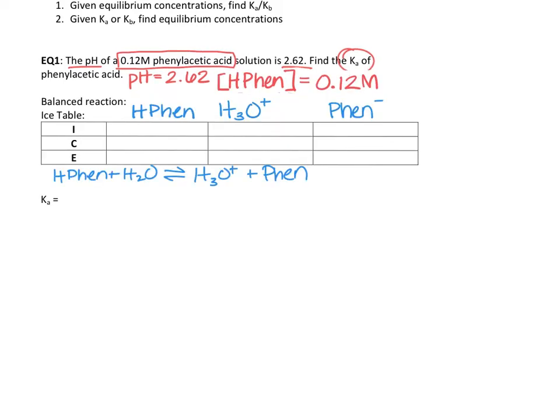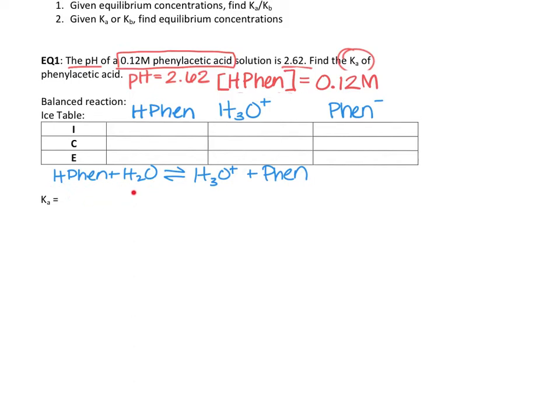At the very top of the ice table, all that's really represented is the components of the reaction that I'm going to fill into the ice table. So what I want to draw your attention to now is what's underneath the ice table. How did we get these three little species on top of the ice table? Well, that's because the acid, phenylacetic acid, reacted with water.